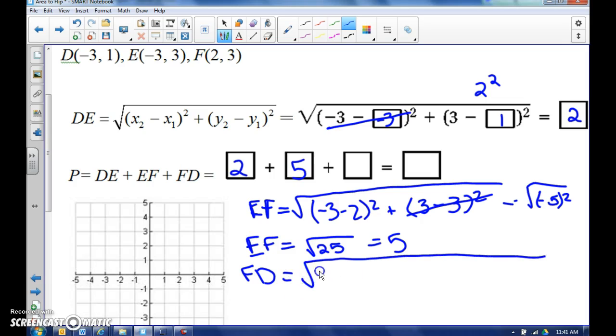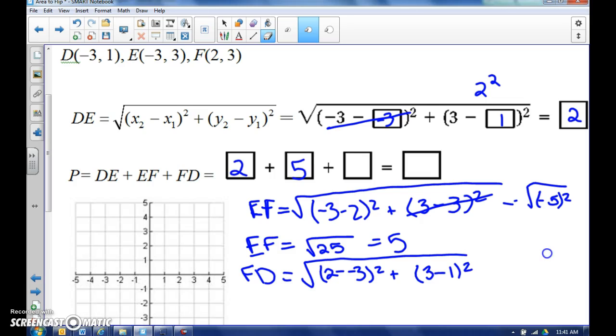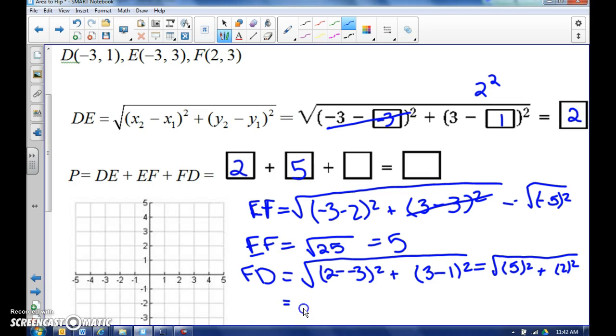My difference in x's, I'm going to do 2 minus negative 3 squared plus difference in y's, 3 minus 1 squared, which equals the square root of 2 minus negative 3, that ends up being 5 squared, plus 3 minus 1 gets me 2 squared. That becomes the square root of, that's 25 plus 4, which equals the square root of 29.